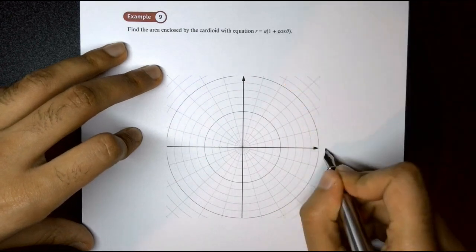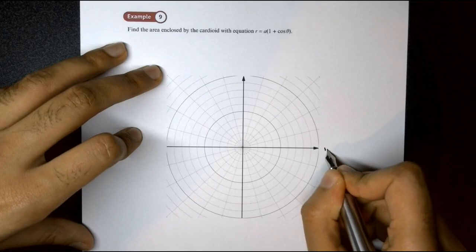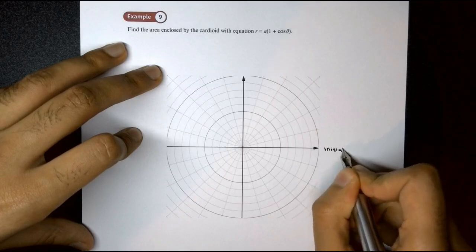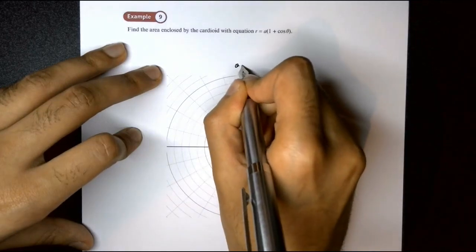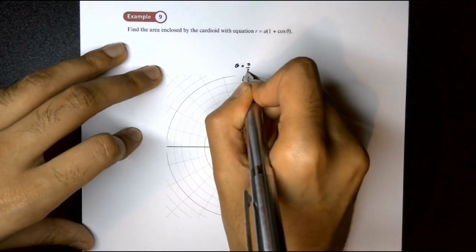We have over here our initial line. We have here theta equaling pi over 2.